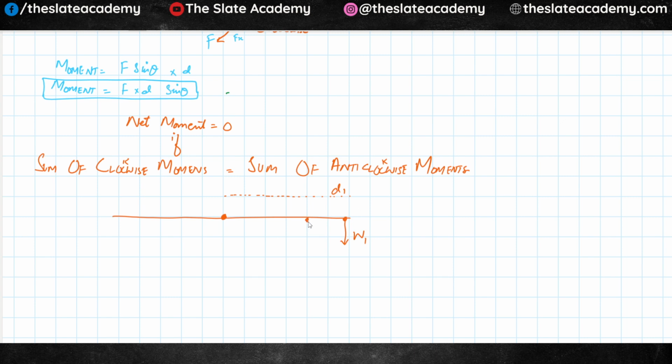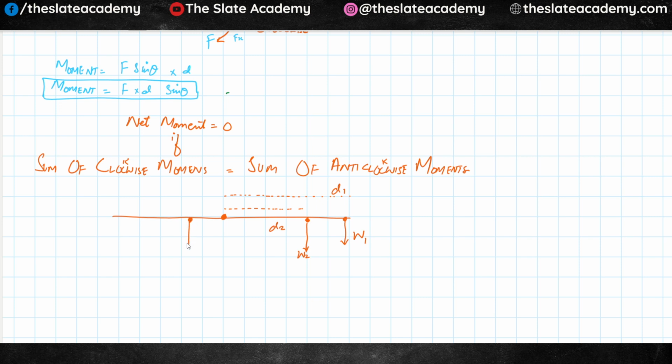Then you have the second kid whose weight is W2, sitting at a distance D2 from the pivot. And obviously we'd have someone on the other side as well.